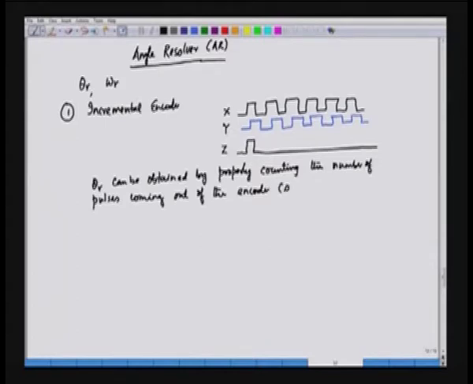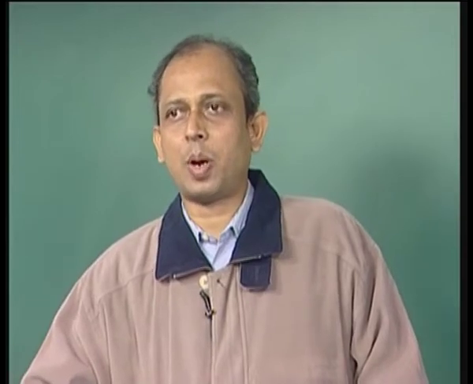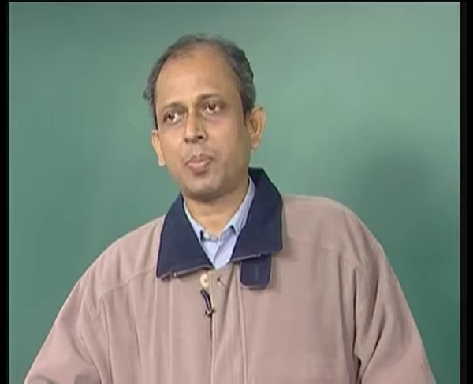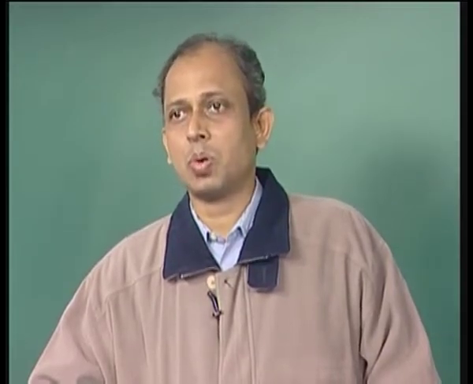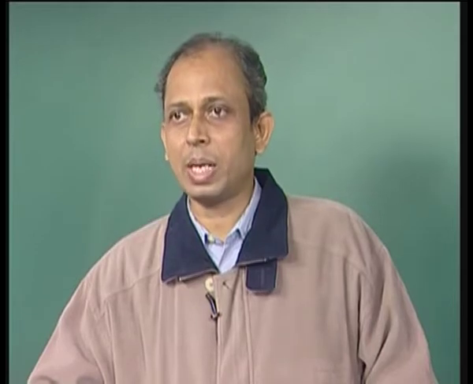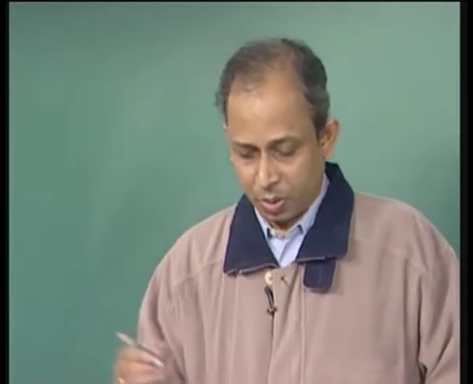Let us say x. If we take one signal, let us say x, and count the number of pulses, we will be able to have information about theta r. Now, what about the direction? The direction can be obtained by seeing which pulse is leading which one. So, the direction information can be obtained simply by a D flip flop, which can be used to find out whether x is leading y or y is leading x.